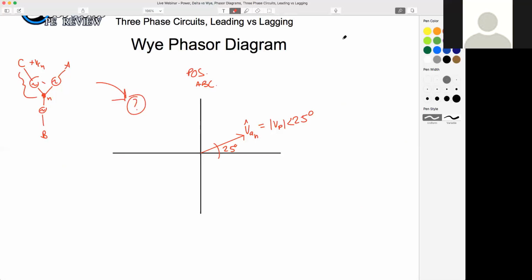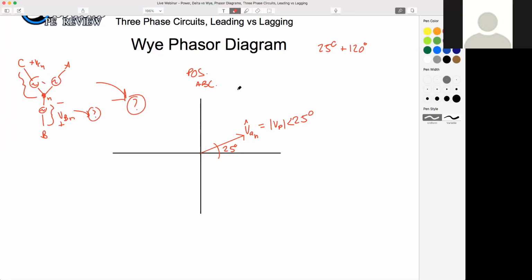And the trick, if you weren't sure, all they did was add 120 degrees. So what about my B to neutral voltage? So plus VBN minus, where would he be?